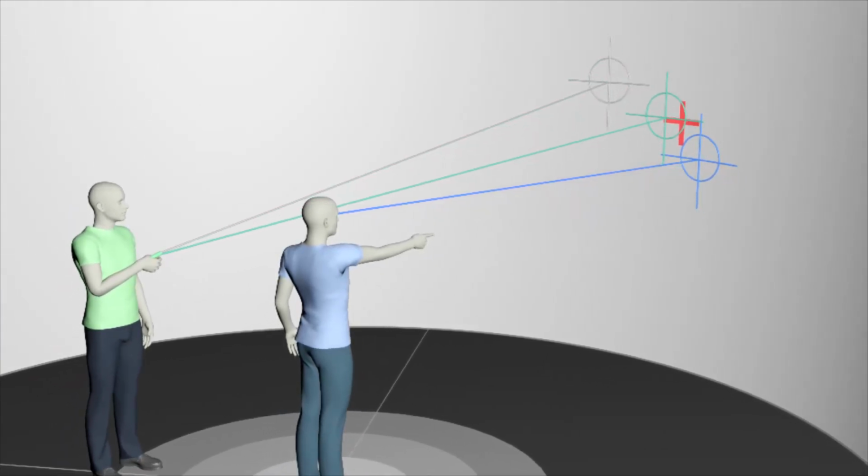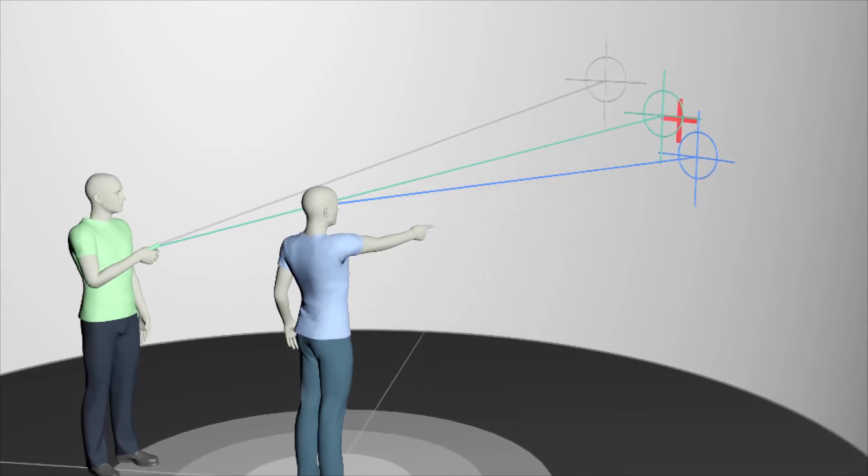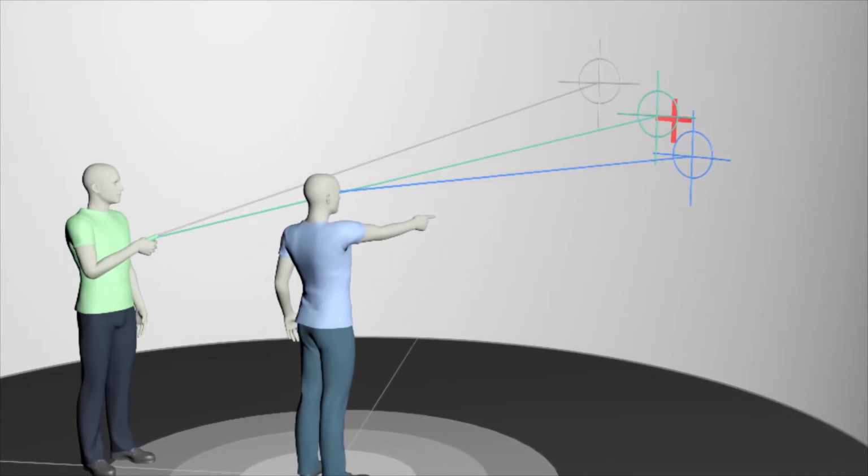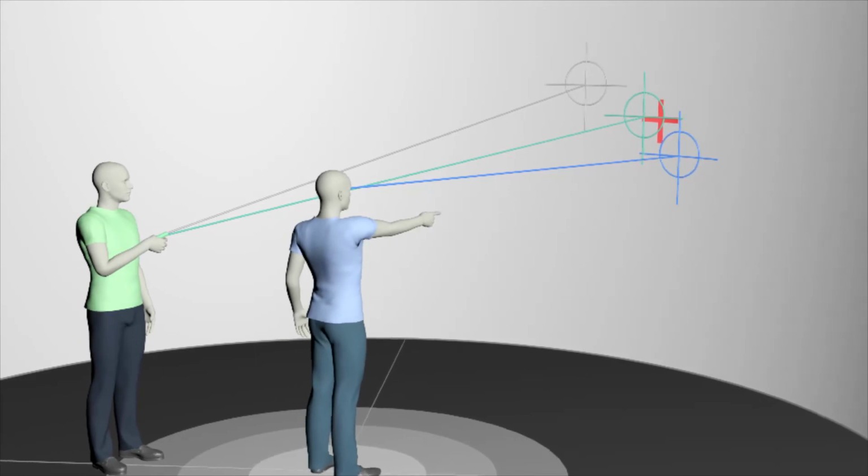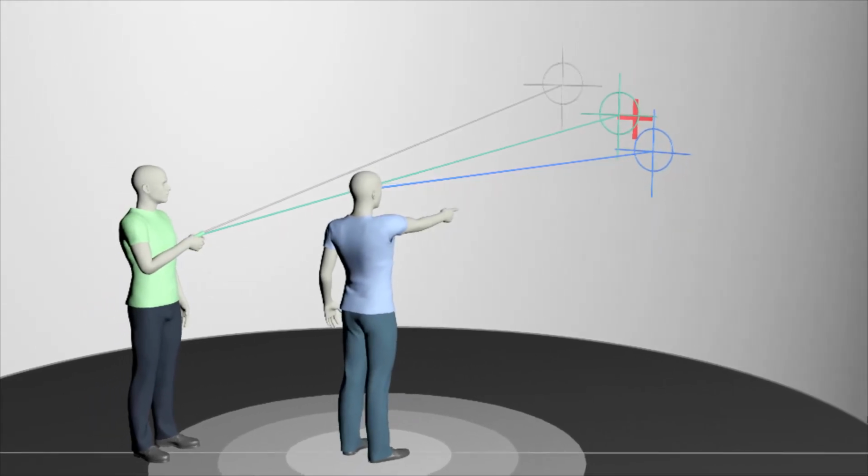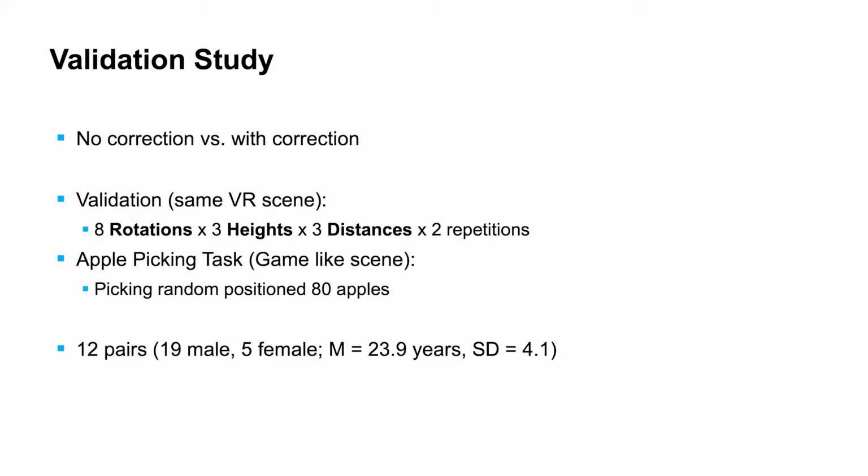And now to confirm this hypothesis and actually validate our model, we ran a second study in which we compare the non-corrected, not warped arm against the warped arm version. So as already said, the main factor here will be no correction versus with correction. And the second study is split into two parts.